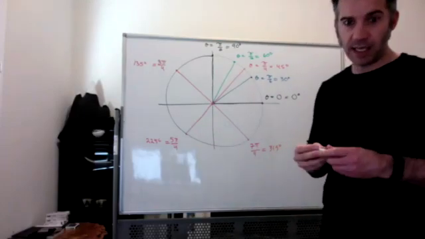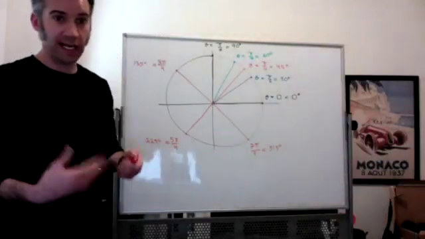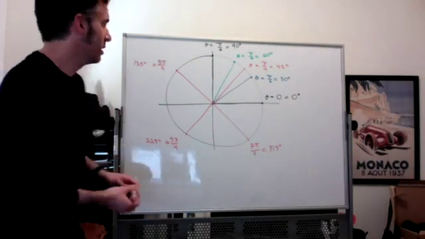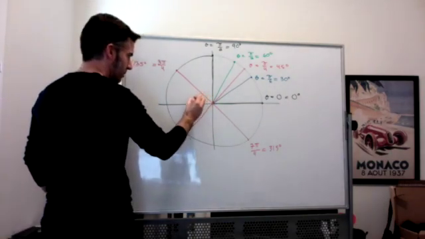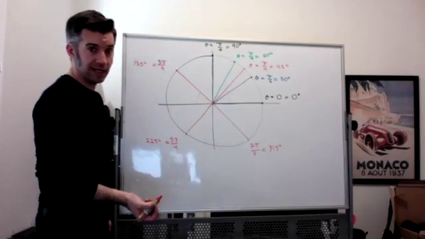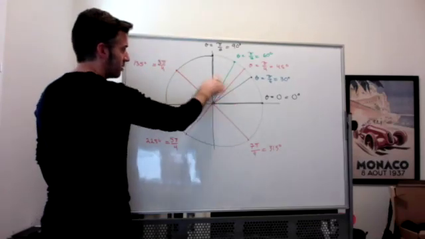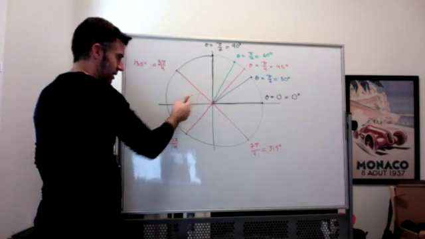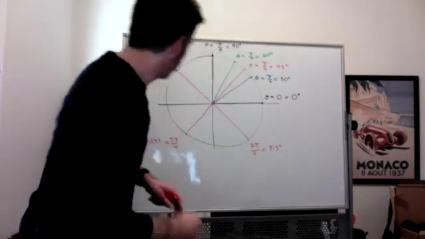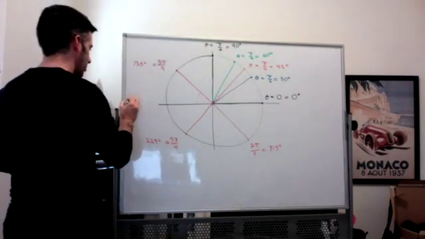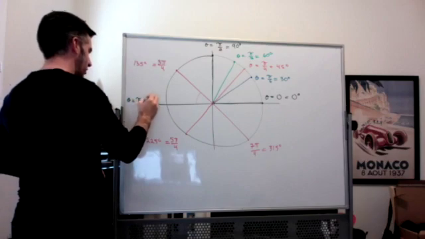And here's the idea of a reference angle. For any angle that's larger than 90 degrees, you take the angle that's measured to the x-axis, and that angle is the reference angle. So for this angle, which is 135 degrees, the reference angle is what you get when you measure to the x-axis, which is 45 degrees. By the way, this angle over here is pi radians, which is 180 degrees.